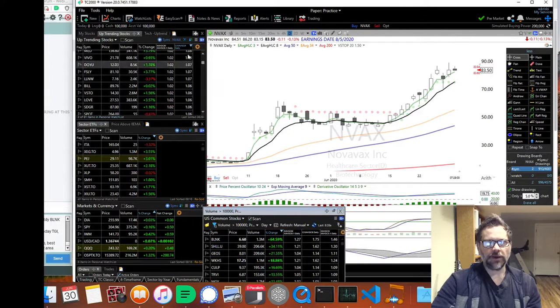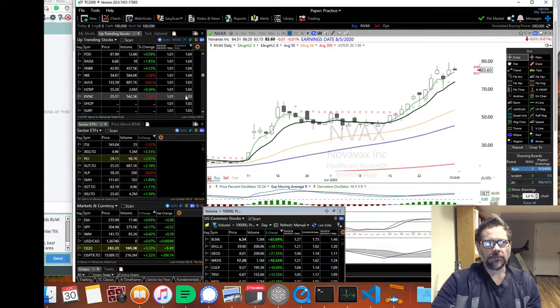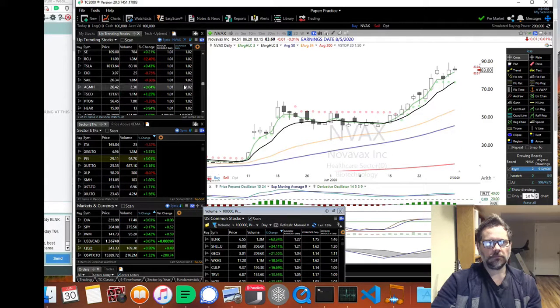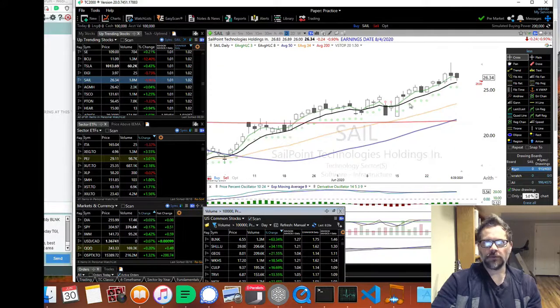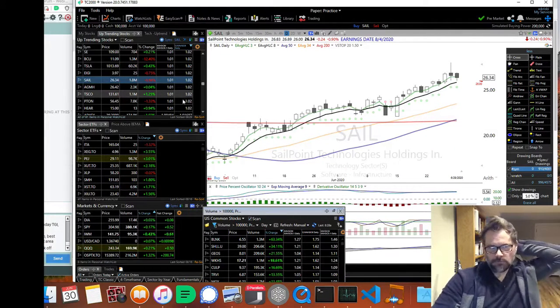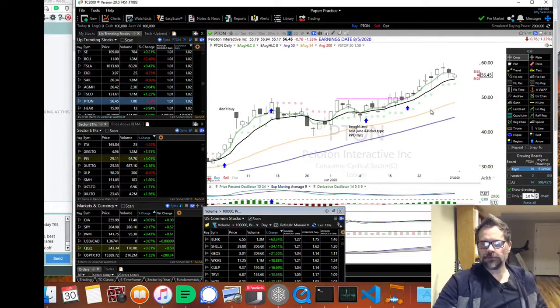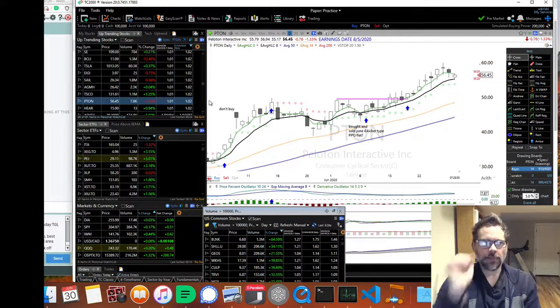Because I've sorted it by that value, you could find stocks that are a little more reasonable in terms of their proximity to the moving average. You can see here Peloton. A lot of times you'll buy up here and then you'll see it come down, or buy this one, so now you're closer to the moving average.